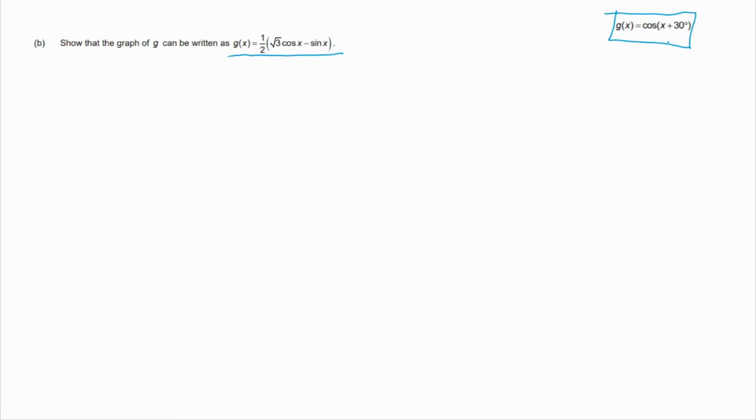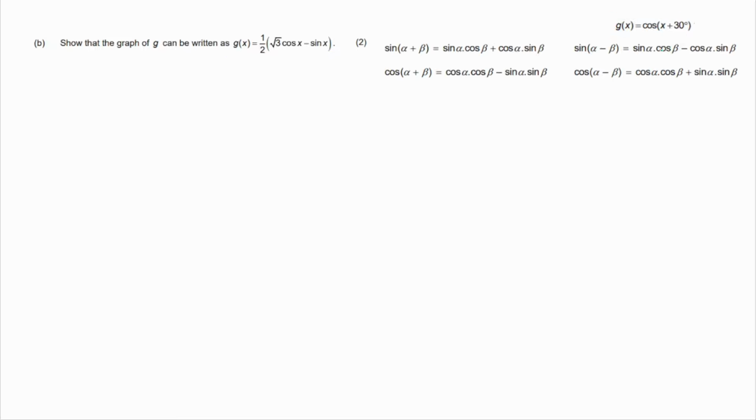When we have two angles in here, we can apply one of these identities, because we have cos(x plus 30). Do you see how it's the same form as this, where this is our x and that's our 30? Whenever you see an alpha, we're going to put an x, and whenever you see a beta, we're going to put 30.